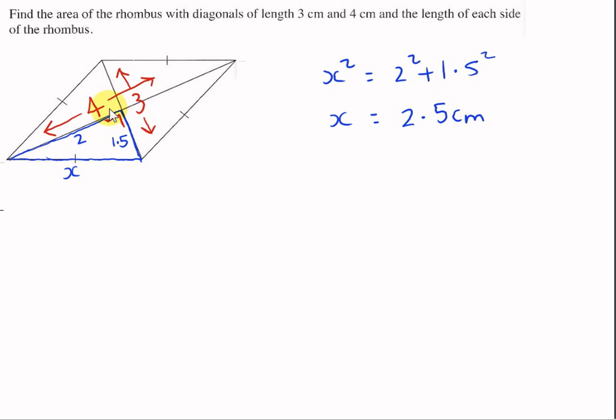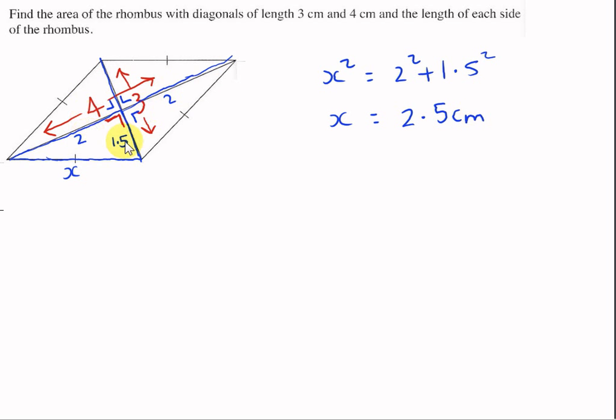Now how do we get the area of the rhombus? Well, notice that the four triangles are actually congruent. This is 1.5, this distance here is 2, so we have another right angle triangle, sides of 1.5 and 2. Similarly here, of course, these are all right angle triangles. The four triangles formed by the diagonals of a parallelogram have the same area for any parallelogram, so we could use that fact.